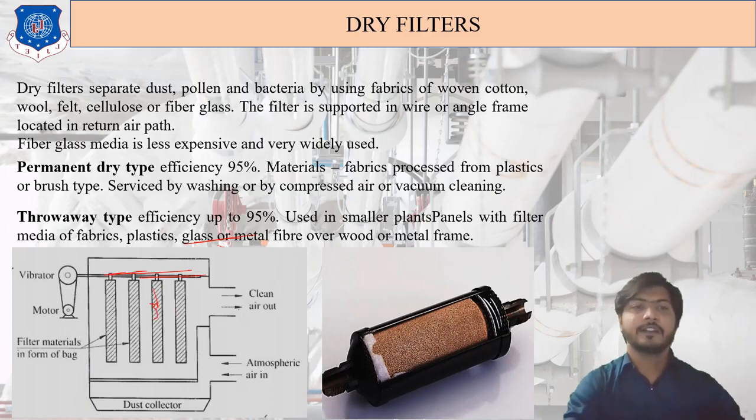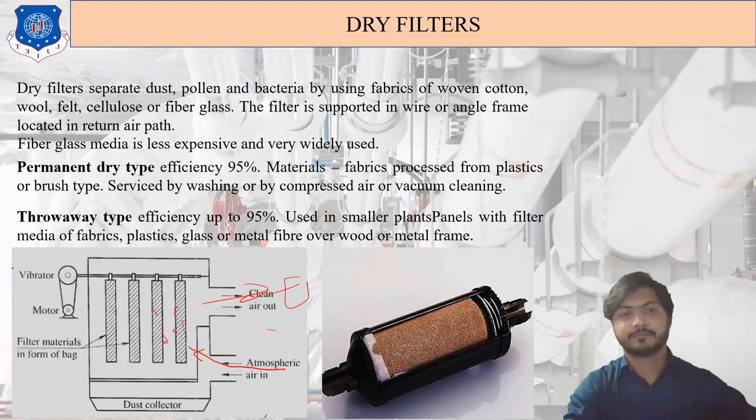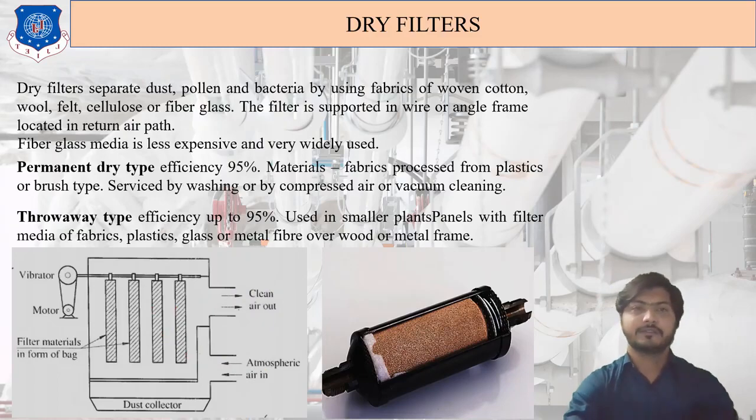That's why the particles move downward. Whatever particles are attached on the cloth or bag filter material come downward into the dust collectors. The atmospheric air goes into the filter and dust attaches on the bag, and then clean air goes out and is supplied to the coil. This is how dry filters work.